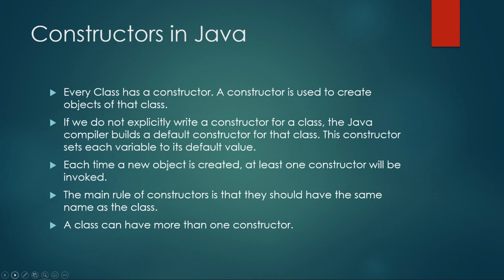Each time a new object is created, at least one constructor will be invoked. The main rule of constructors is that they should have the same name as the class. A class can have more than one constructor. The last point we will discuss in more depth later on.